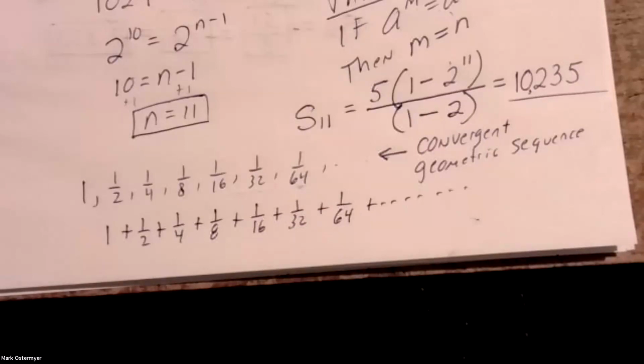And I will wrap it up by showing how to add together an infinite number of terms of a convergent geometric sequence. I will show you how to develop that formula either through video or next session.